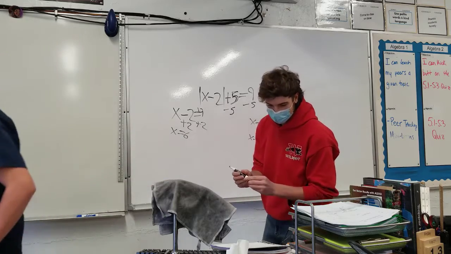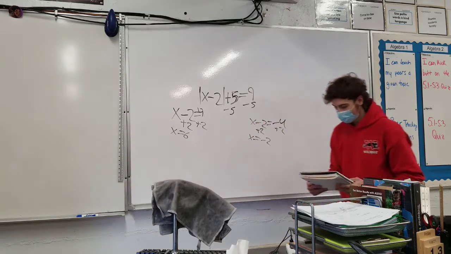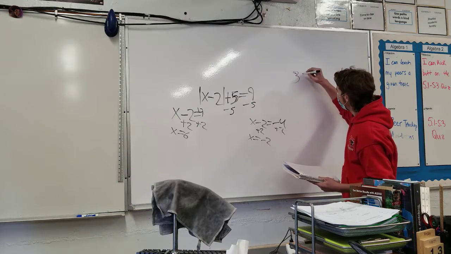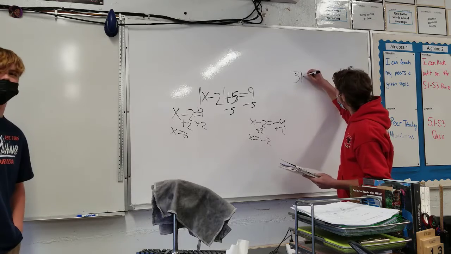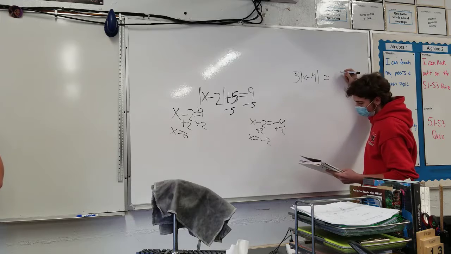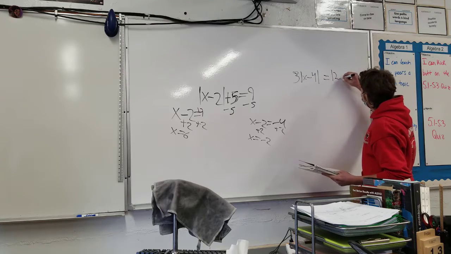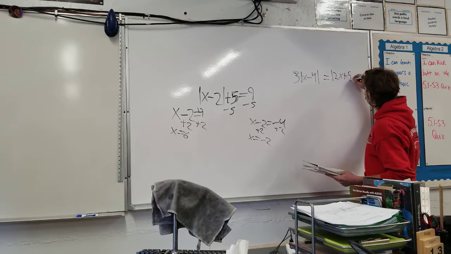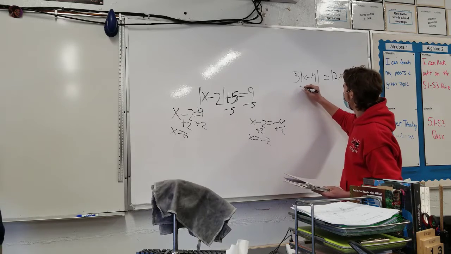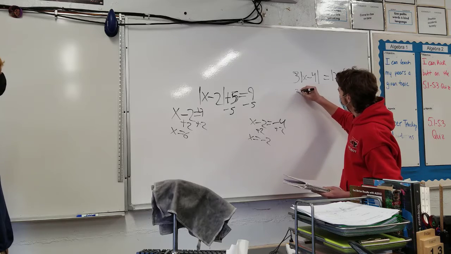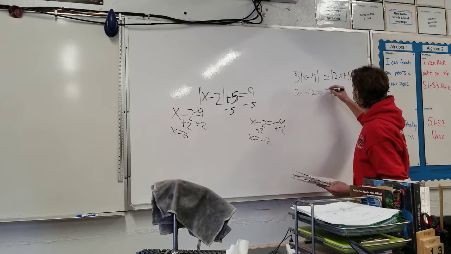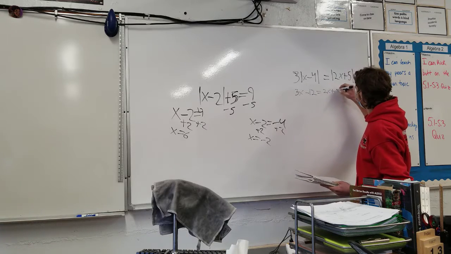Alright, our next equation here. The first thing I'm going to do is distribute 3 into this, so 3x minus 12 equals 2x plus 5.